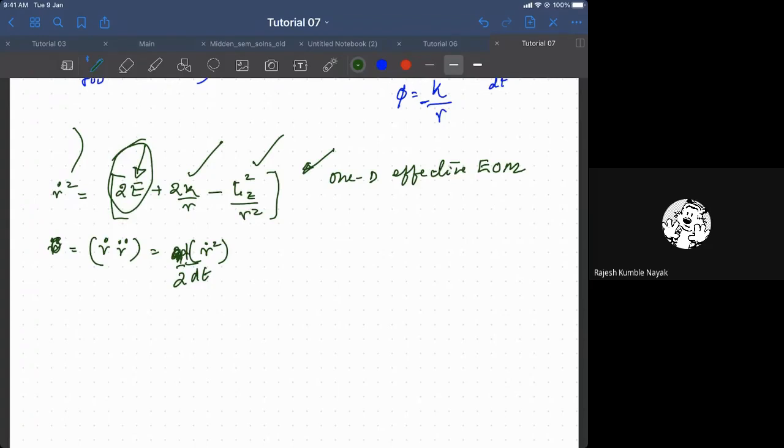So what actually happens in the effective radial equation of motion? You have two potentials competing with each other. One is your gravitational potential, which goes as minus 1 by r. You can pull that out and write it as an effective potential. So it is actually E.